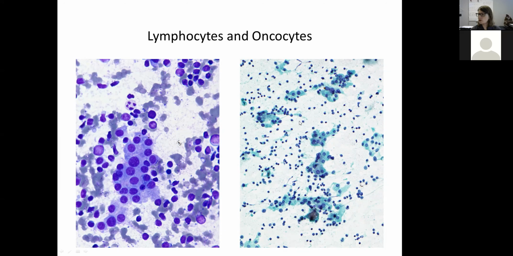So when you see a hybrid of oncocytes and abundant lymphocytes, what might this make you think of? Does it make you necessarily think that it is a solitary lesion? Does it make you think that this could be a diffuse process?